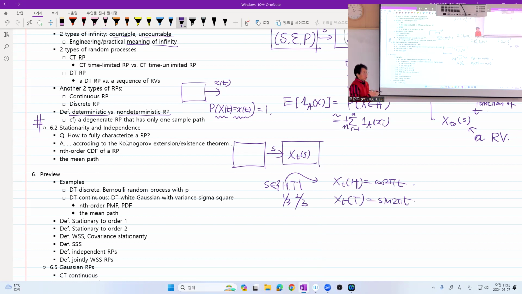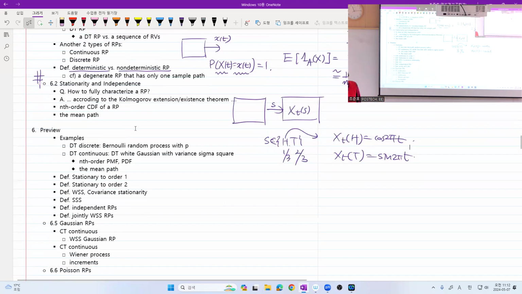In that case, we just need to know the probability of this sample path to be selected or that sample path to be selected. And this fully characterizes this random process. But not every random process has this simple rule. There are many complicated ones.